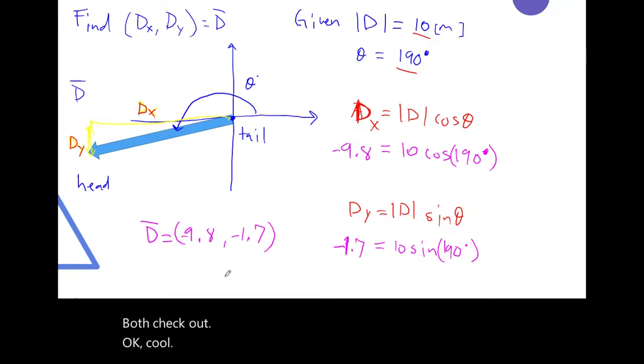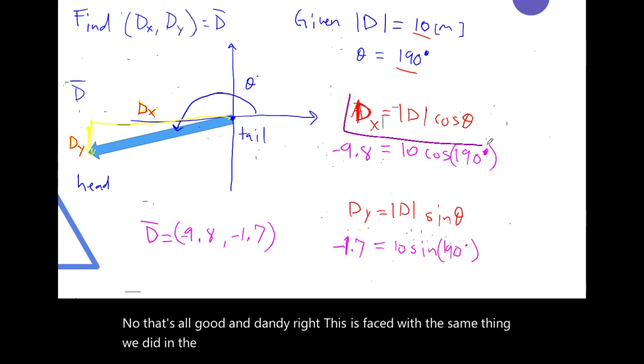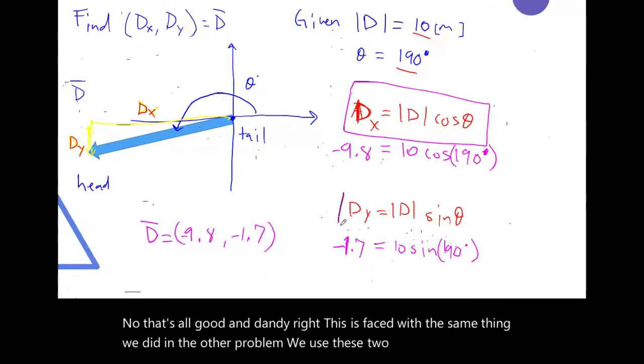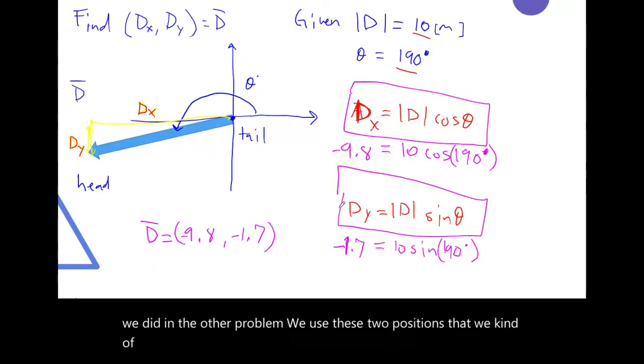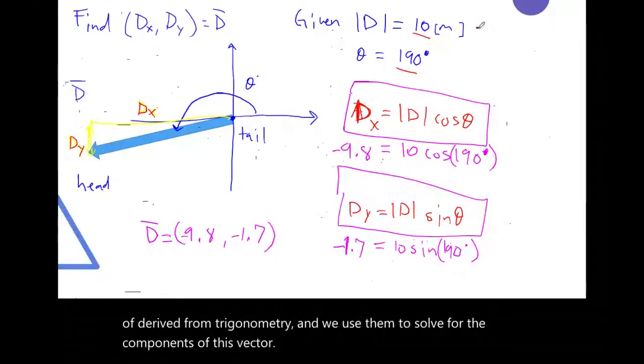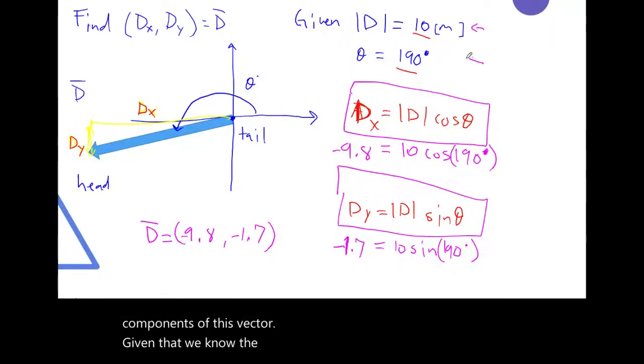So, that's all good and dandy, right? This is basically the same thing we did in the other problem. We used these two equations that we derived from trigonometry, and we use them to solve for the components of this vector, given that we know the magnitude and the angle.